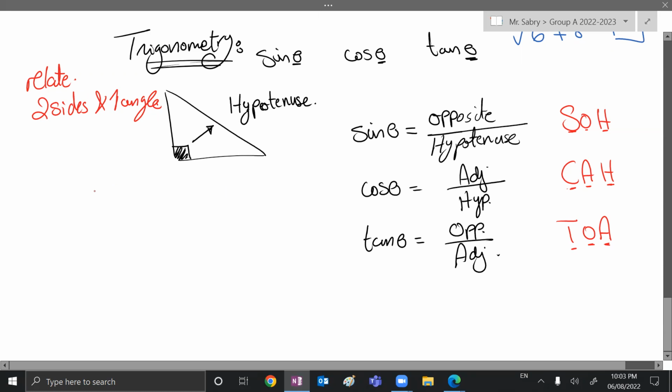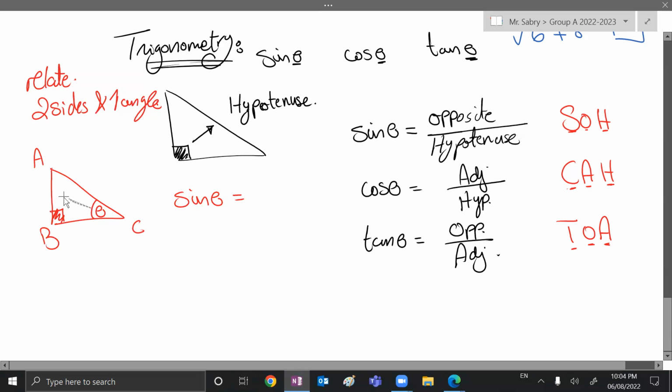So how can we use it? Look at this. If you have a right triangle like this one, with vertices A, B, and C, and let's say we're talking about angle C. You're told that this is 5. Never mind what it measures. If I ask you for the sine of angle theta now, which is angle C, which side is opposite to angle C?